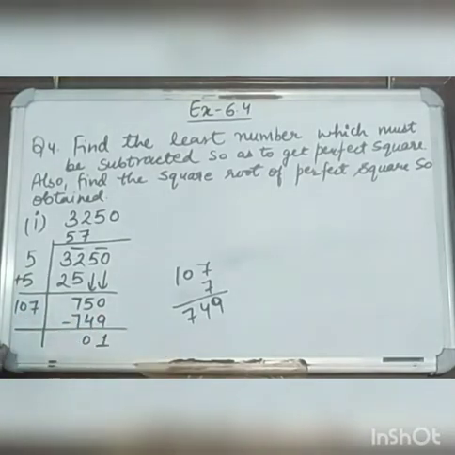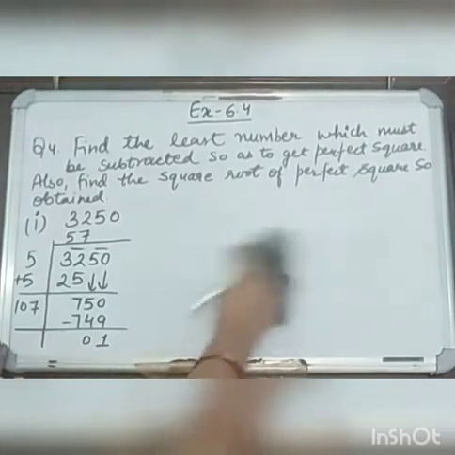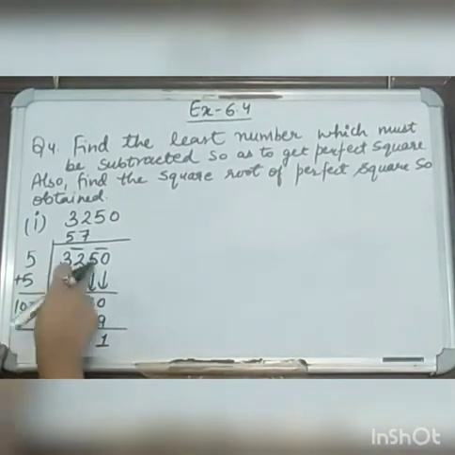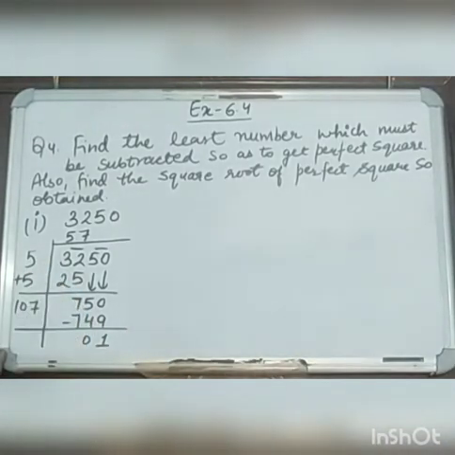Okay, so what is the least number which must be subtracted from 3250 so that we can get a perfect square? So this is the 1.